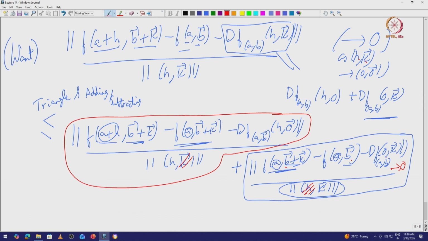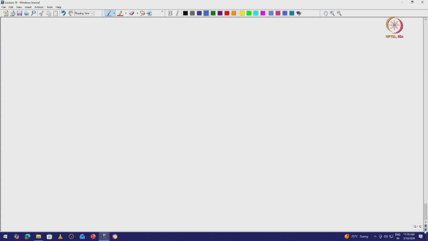what happens if this was, instead of b, if it was b plus k, then by one variable calculus this would have gone to 0. So what shall we do? We shall add and subtract as usual. Okay? So we'll use our standard adding and subtracting trick. So this is less than f of (a plus h, b plus k).